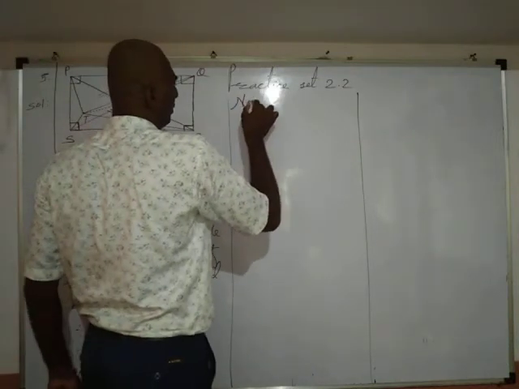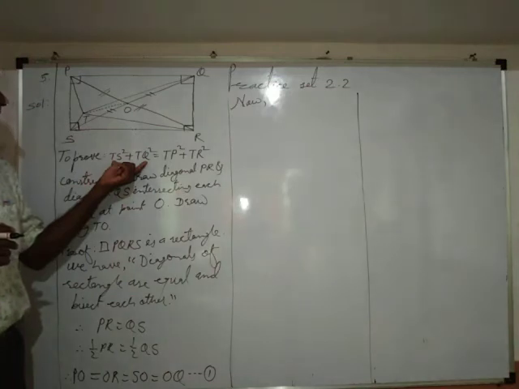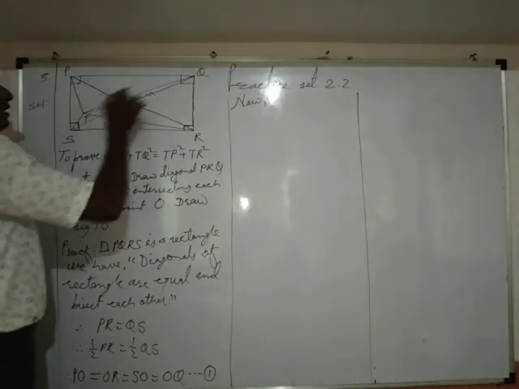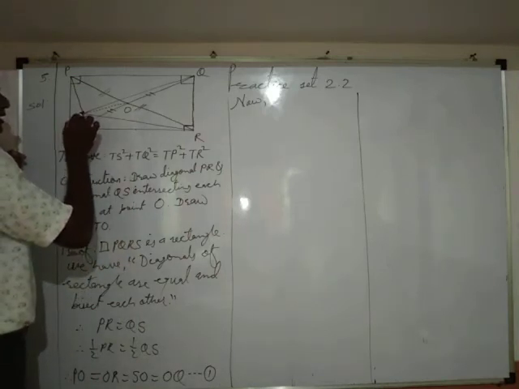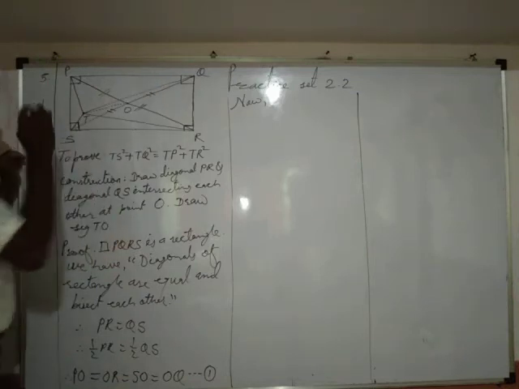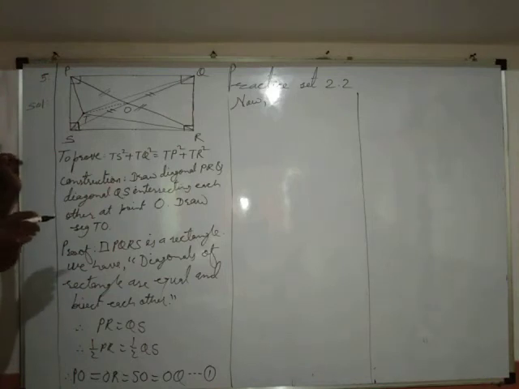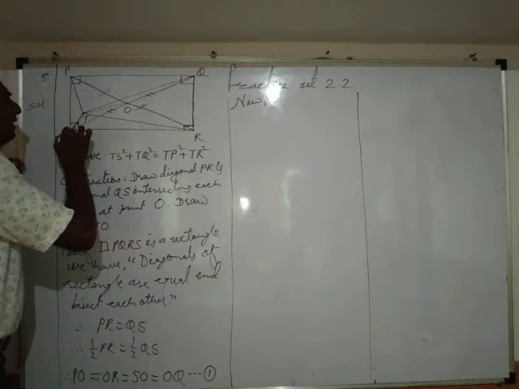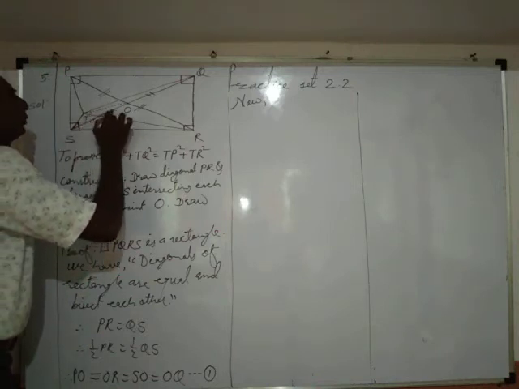Now, at LHS we want to prove TS square plus TQ square, and that's why let's consider a triangle which contains TS and TQ and which must have a median TO, and that triangle is nothing but triangle TSQ.